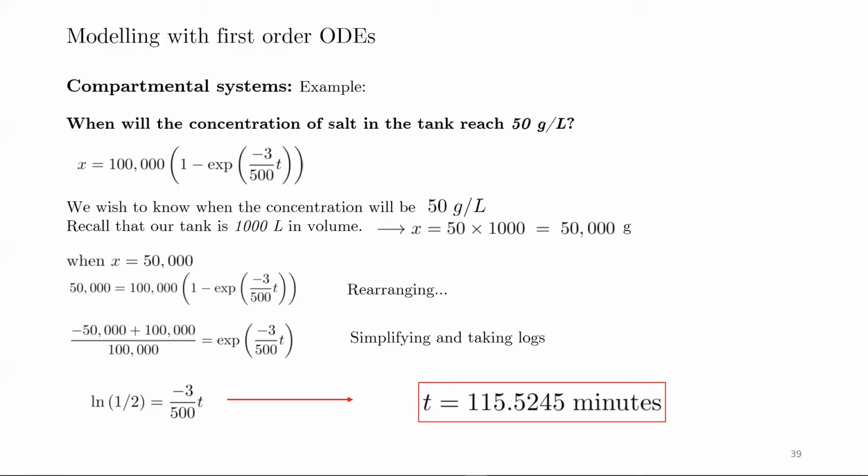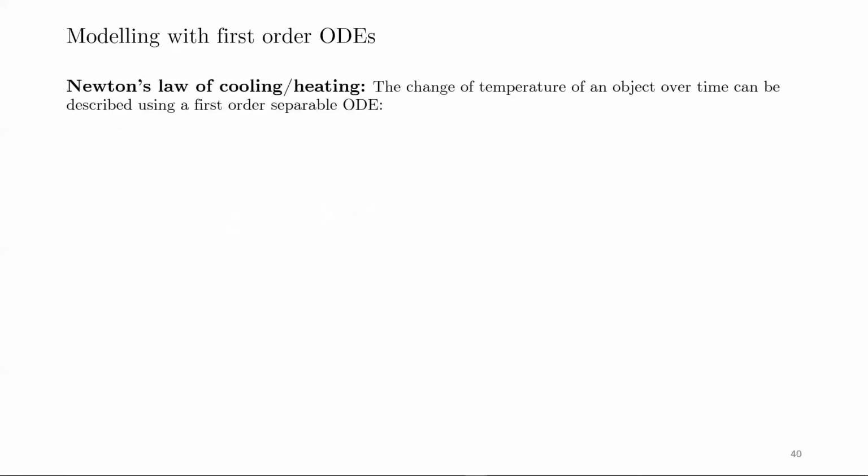Okay, so slightly changing tack now. We want to look at a physics problem which obviously Sir Isaac Newton had worked on, something called Newton's law of cooling and heating. This law says the change of temperature of an object over time can be described using a first order separable ODE.